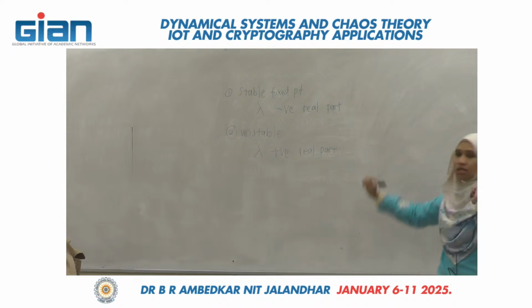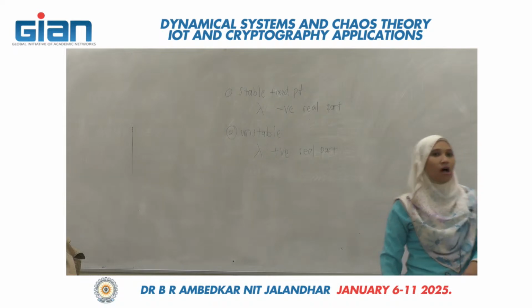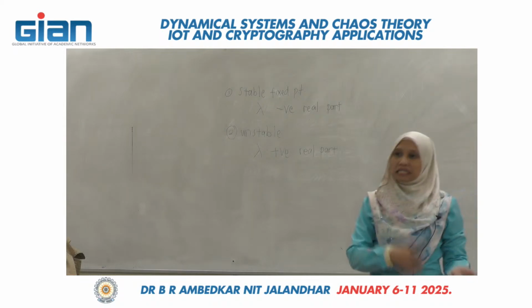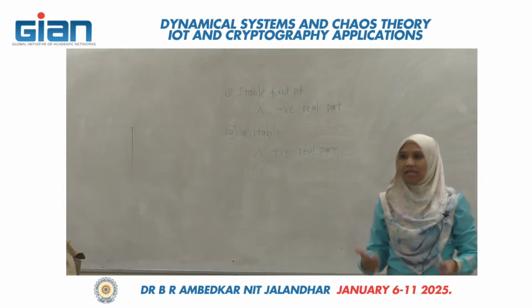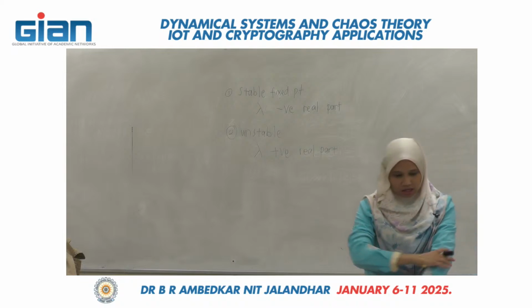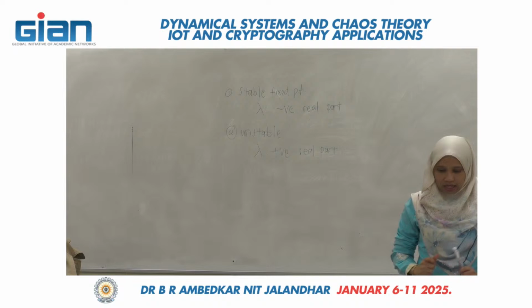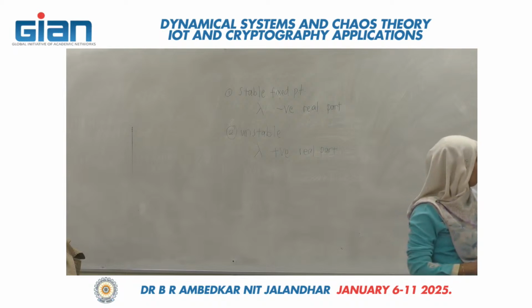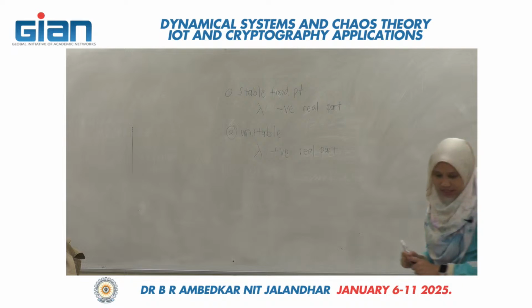The behavior would be that trajectories will diverge, whereby we can say the behavior is unstable and it will be repelling, but that's still without oscillation. Next, before I go to complex eigenvalues, I move towards number 3.